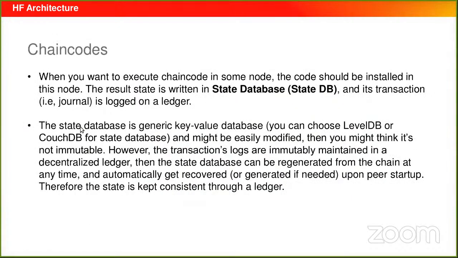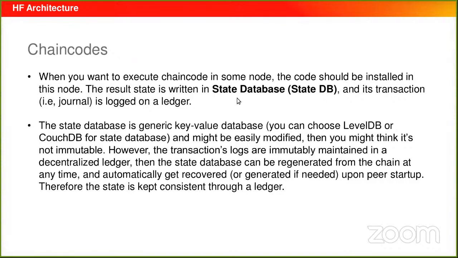So now we talk a little bit about chaincode, or smart contracts, in Fabric. And again, in the following slide, a little more about chaincode in Fabric, because in Hyperledger Fabric version 2, some of the major changes are related to chaincode.